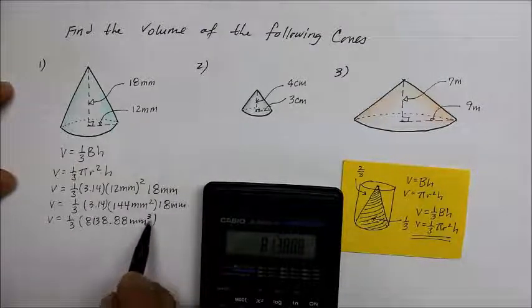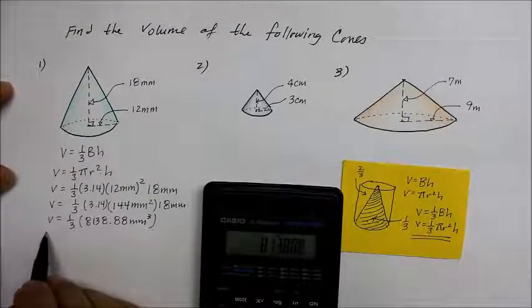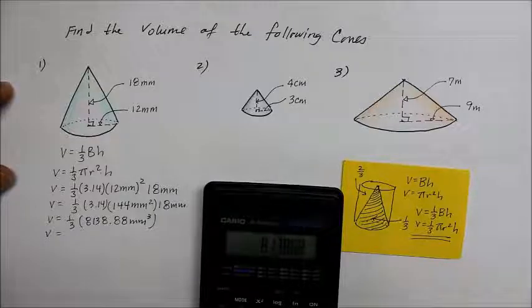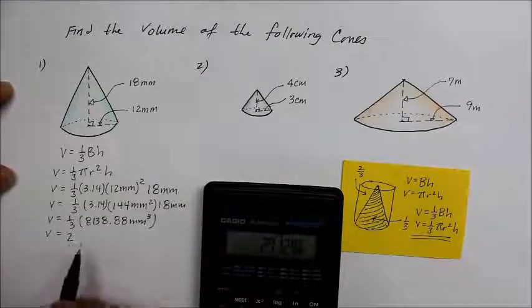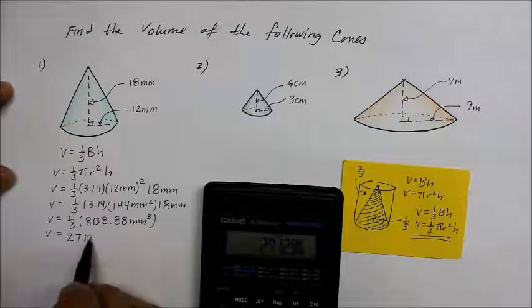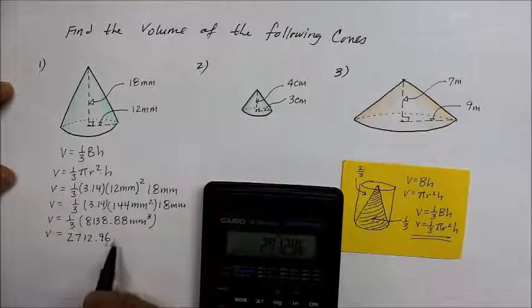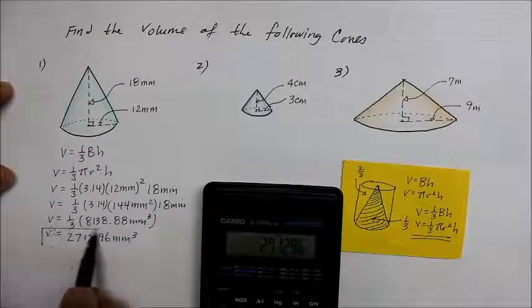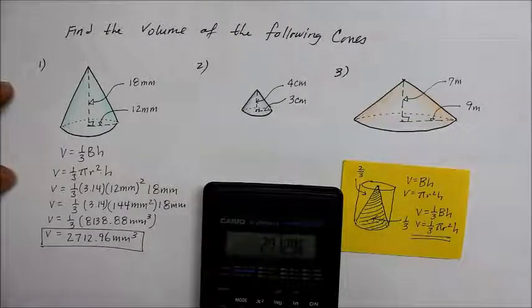Volumes are measured with cubes. And we're going to take 1/3 of that. So we're going to take that number divided by the denominator 3. And we get 2,712.96 millimeter cubed. There is your volume. Is that right?